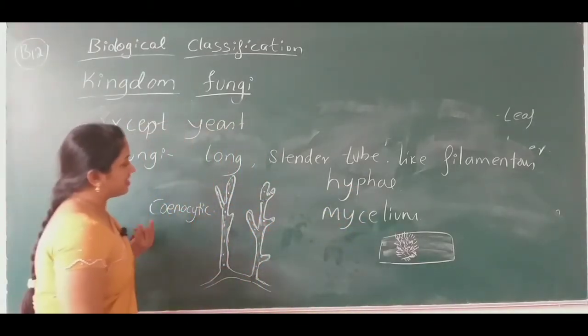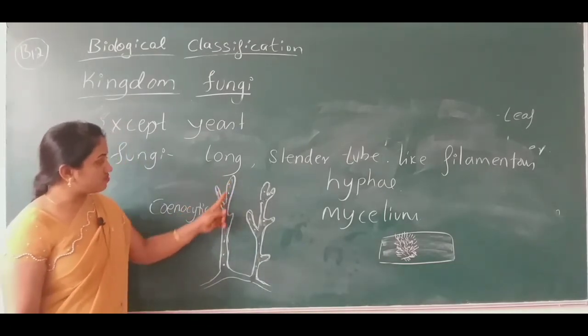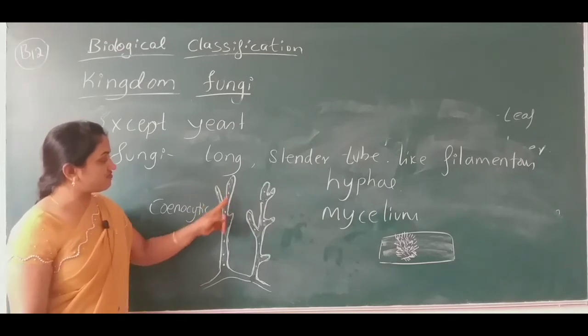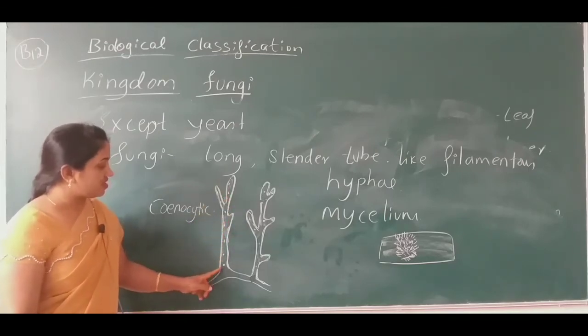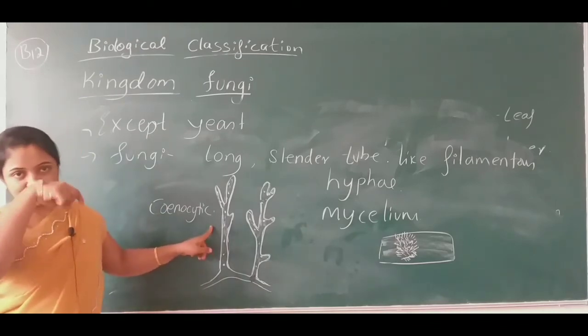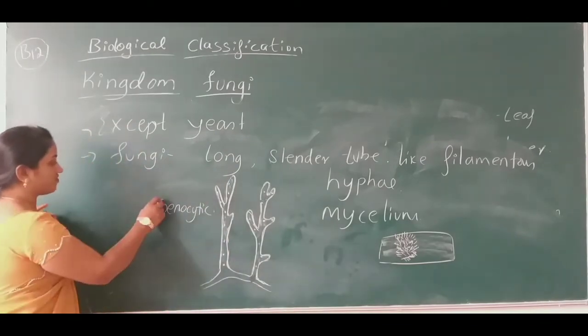If the cytoplasm of this hyphae is filled with a number of nuclei, it is known as cenocytic hyphae, without cross walls.